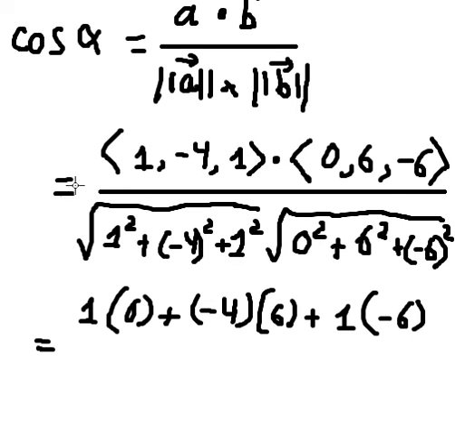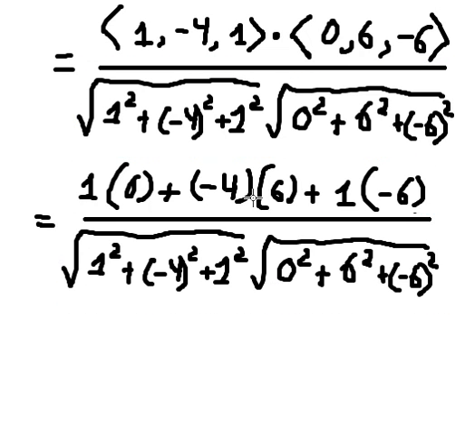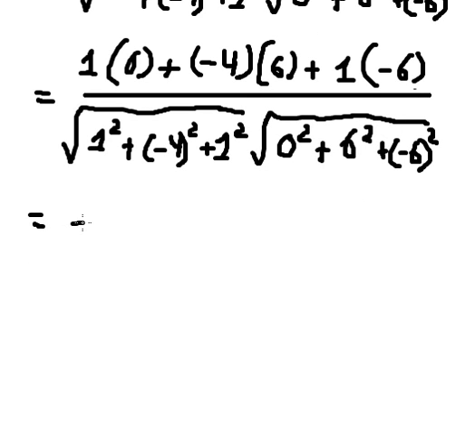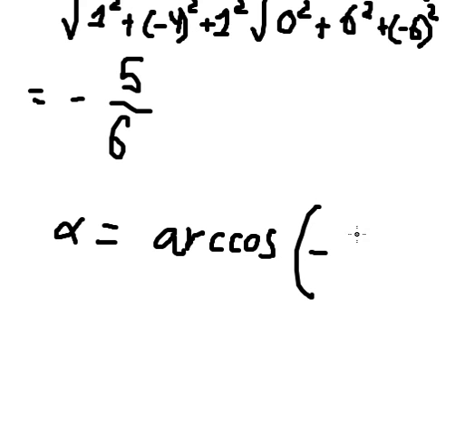And we know that this one we put in here. And now we need to calculate this one. So we have -5 over 6. And we know that alpha equals the arccosine of -5 over 6.